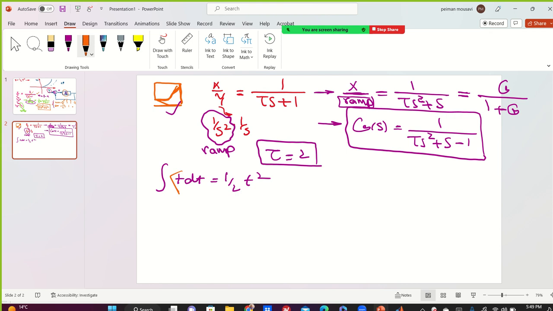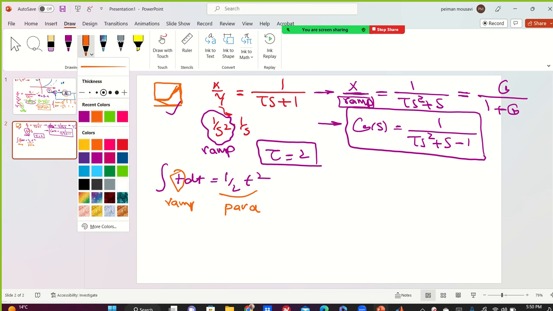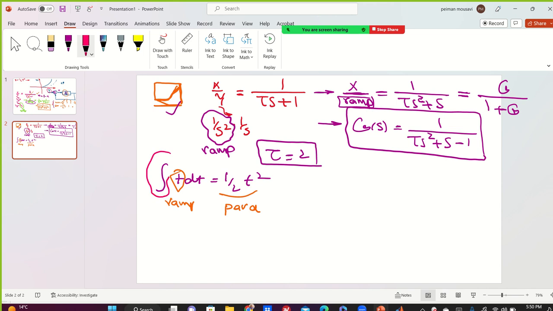So this is ramp, this is parabolic. But I taught you in the Laplace domain, when you go to Simulink, what is integration? Go and see the Laplace table. I want you to give me the answer. What is the Laplace of integration? See your notes? 1 over s.